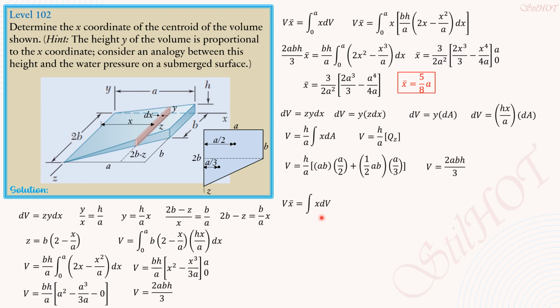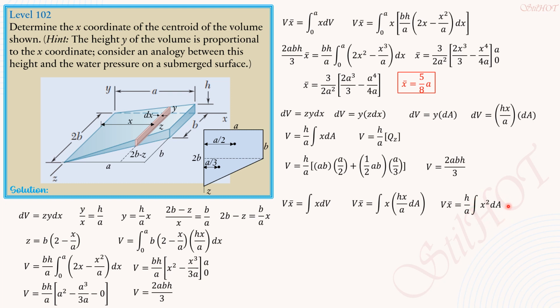Then likewise, volume times x-bar equals the integral of x dV, replacing dV by h over a times x dA. So volume times x-bar equals the integral of x times h over a x dA. Then factor out h over a. Volume times x-bar equals h over a integral of x squared dA.